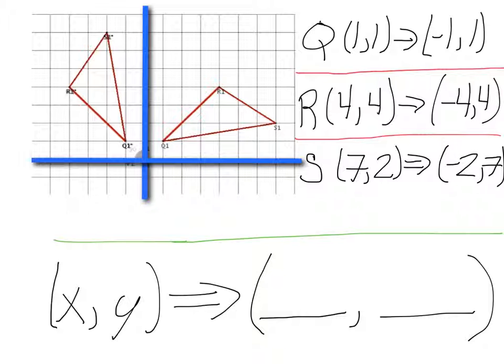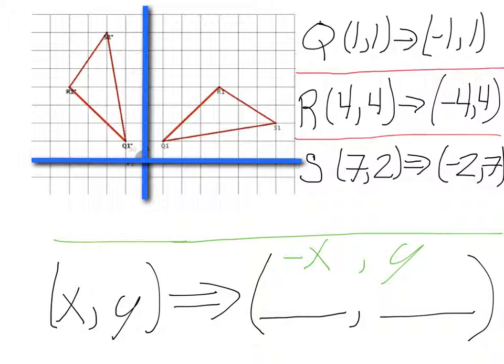The reason why I really like this kind of rotation that we're looking at is that if we had just relied upon Q and R, we would think that the general rule might just be x, y goes to negative x, comma y. Because really what we're looking at is 1 goes to negative 1, 4 goes to negative 4, so x should go to negative x. But that's actually not the case.